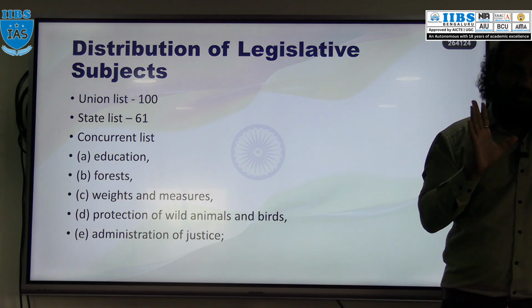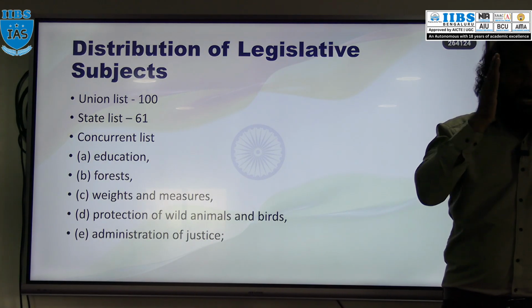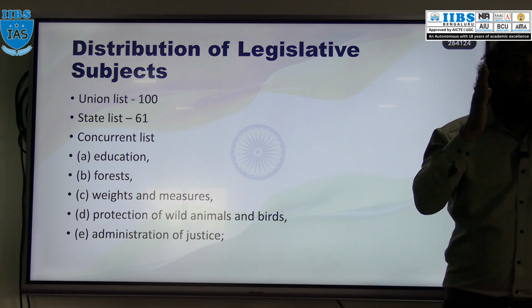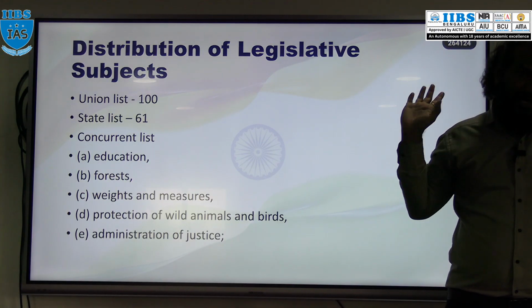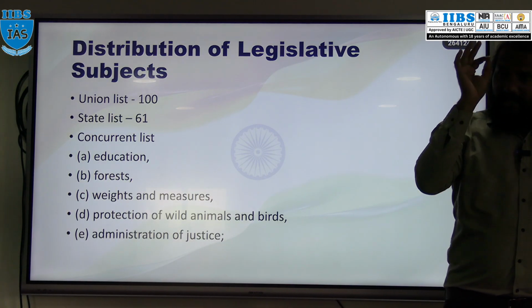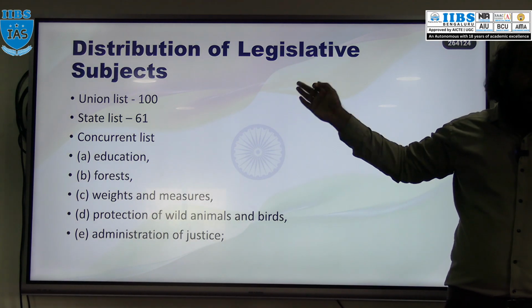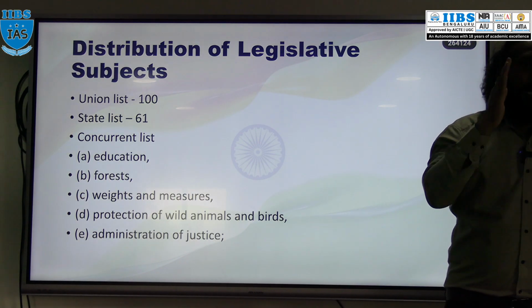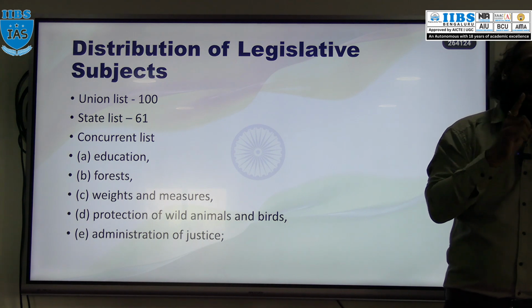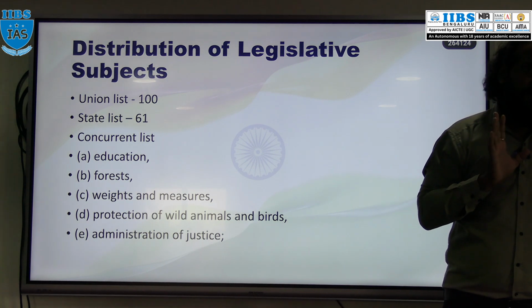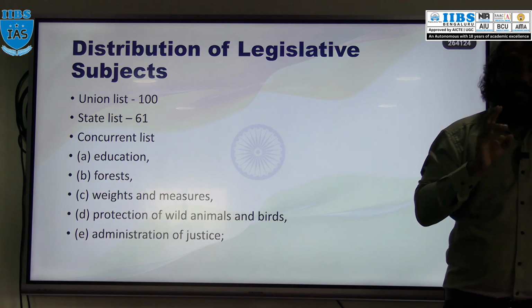Parliament. That means Parliament has the residuary power over the subject. Any subject which is not mentioned in these three lists, on that particular subject Parliament has the authority to make law. Understood? So that power, what is it called?